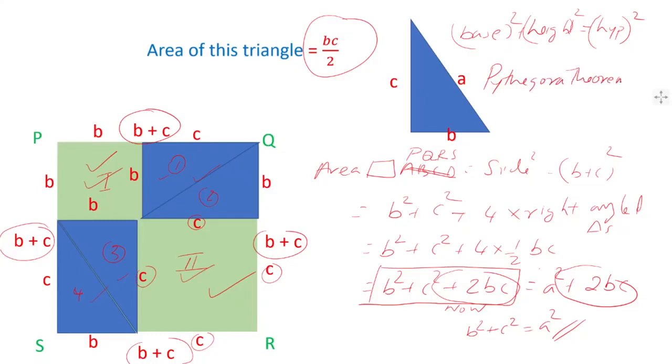Pythagoras theorem says that in a right angled triangle, the sum of the squares of the perpendicular sides, the sum of the squares of base and height, will be equal to the square of the hypotenuse. The square of the hypotenuse is equal to the sum of the squares of the other two sides.